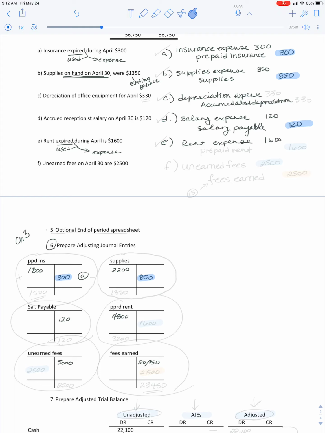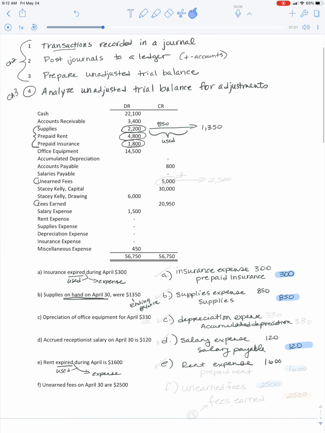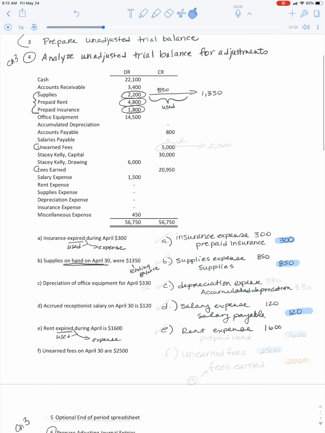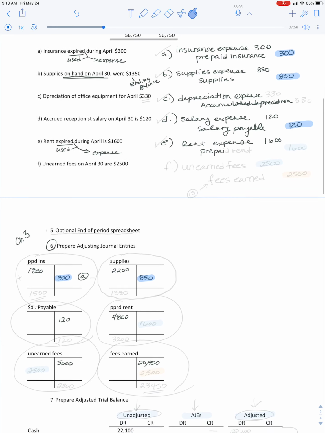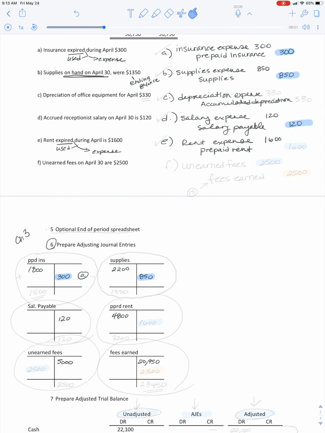We put it in a prepaid account until it was time to expense it. So now we can take $600 out of that debit account. So it's a debit of $4,800. To remove it, we will credit it. And we can post that to our prepaid rent account. $1,600.